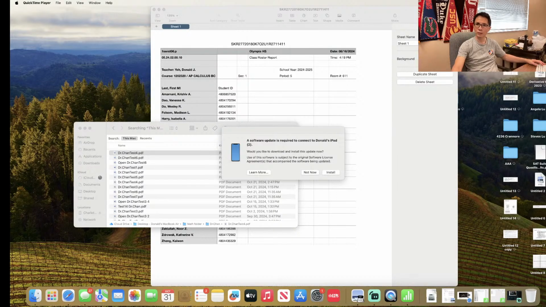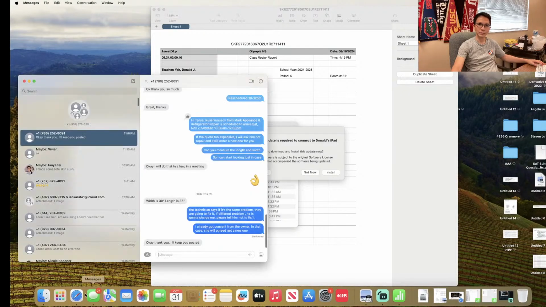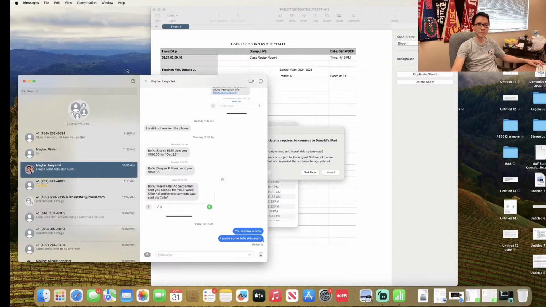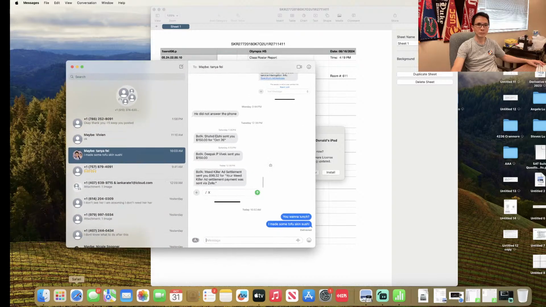Then you do F of, and basically do the planning.